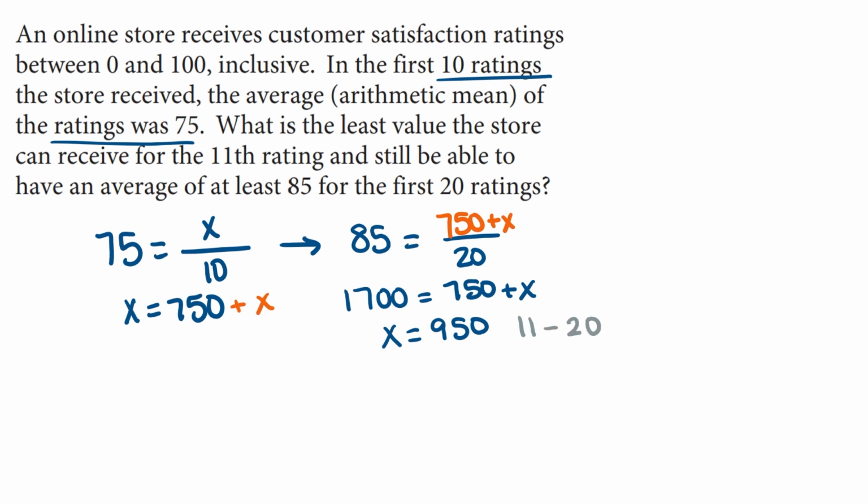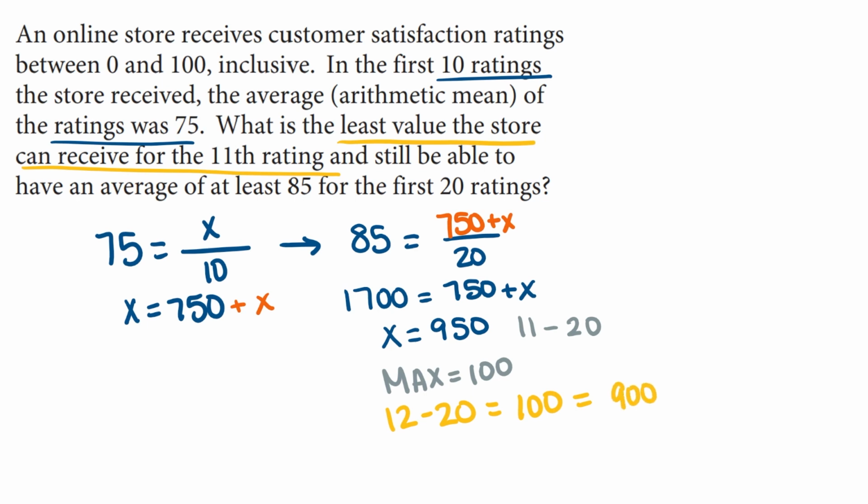And the highest rating that we can receive is 100. So let's think about this. We want to know what the least value the 11th rating can be. So let's think about the opposite of that. That means 12 to 20 is giving us glowing remarks. They are giving us 100s across the board. So if they give us 100s across the board, they're going to be a total of 900 as that score.